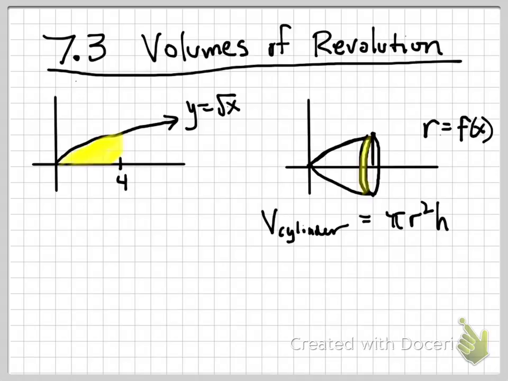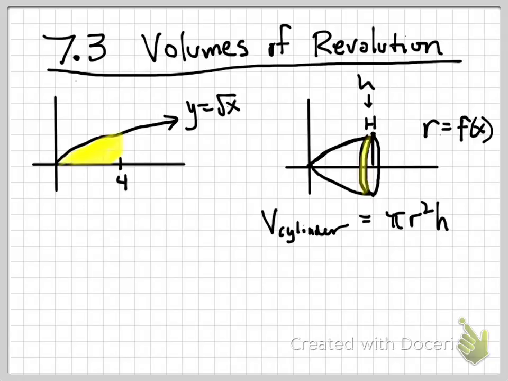And then the height would be the side-to-side space. I'm going to call it capital H, to show the interval of height right there. It's that space that will be our height.